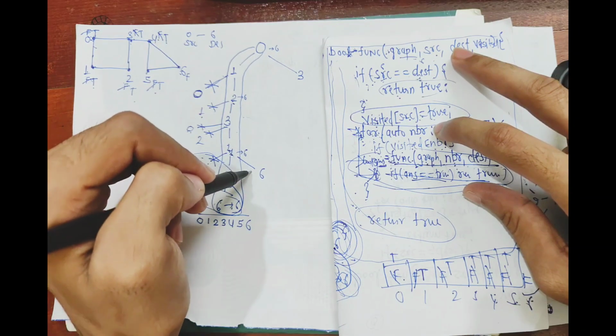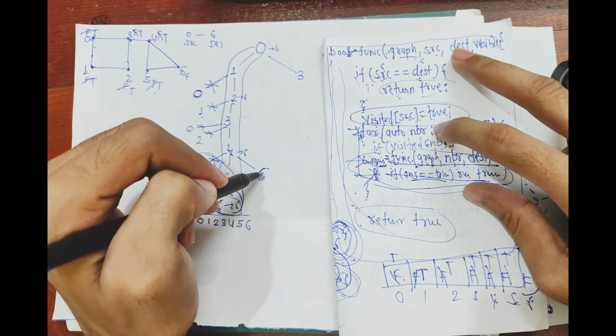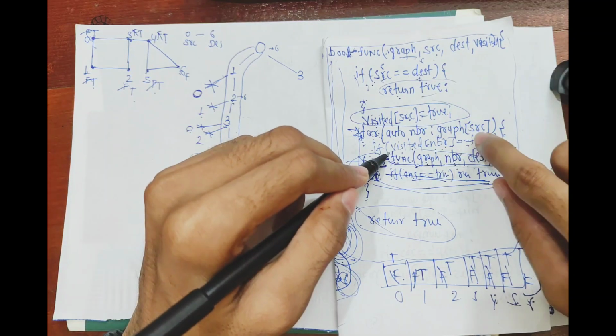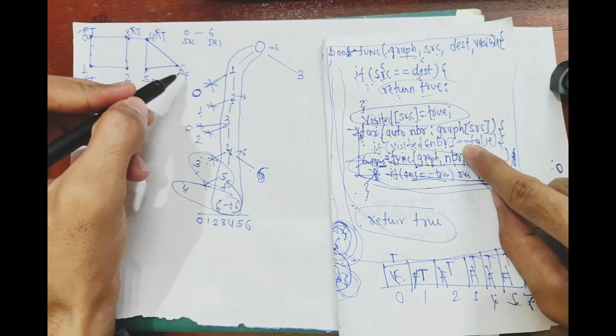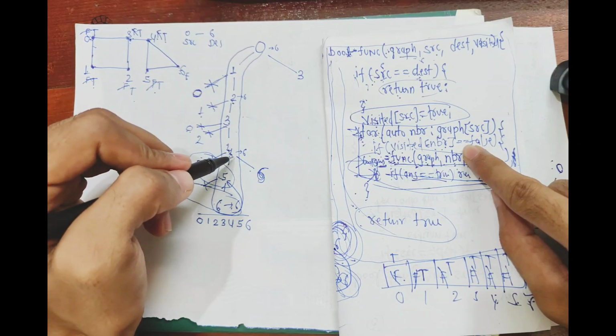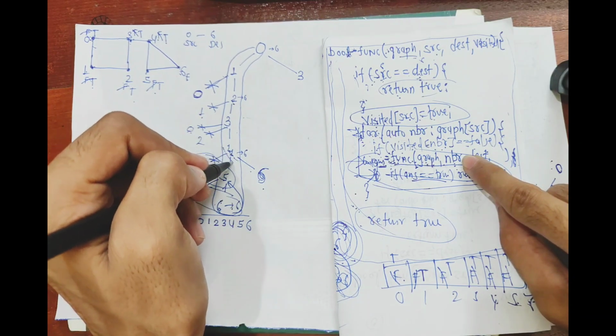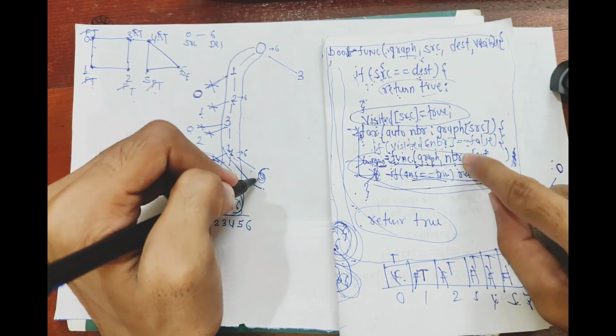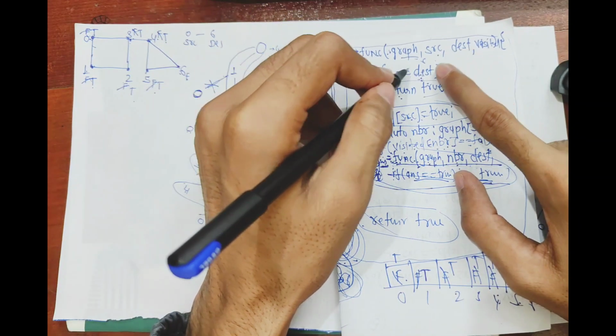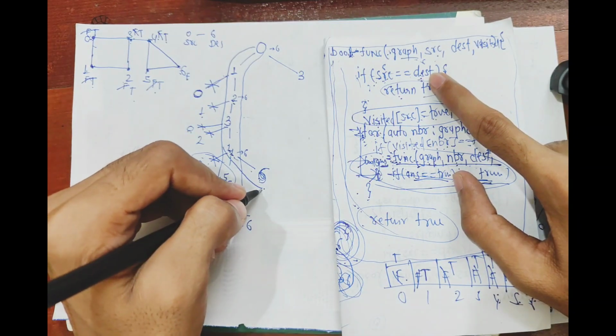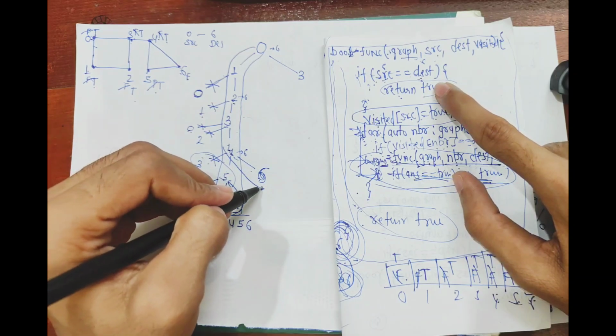Now it's time to go with its another neighbor, but before that we need to check if 6 is false or true. 6 is false, so that's why we will make a call making 6 as a source node. Now the second path is like this. Now we are at this position, 6 is equal to 6, so we will return from this only.